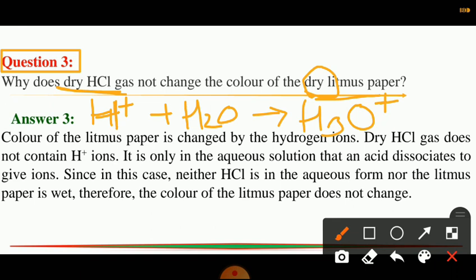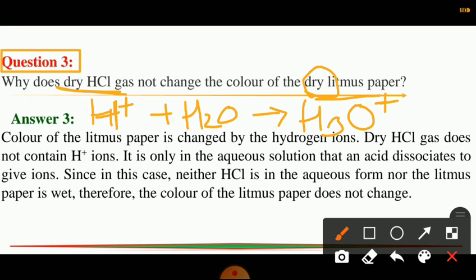So either the HCl gas should be in aqueous form, it should not be dry, or the litmus paper should be wet. One of them should be wet, then only the H positive ion will combine with water and show the acidic character and turn the blue litmus to red.